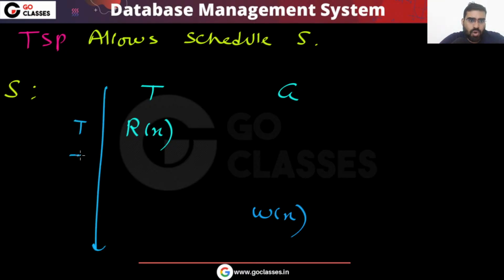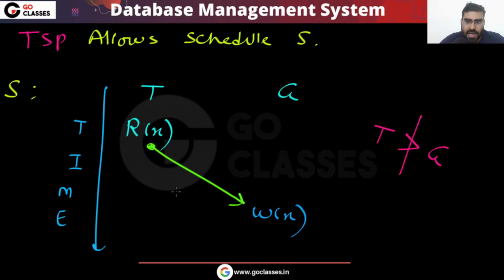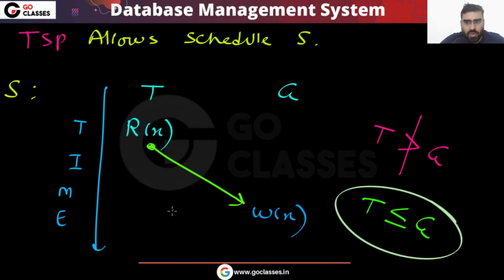In this order, if the things are happening, then their timestamp order also must be the same. So I can say this can never happen, that T is greater than G. Do you agree that this can never happen? I can say that either T is same as G or T is less than or equal to G.